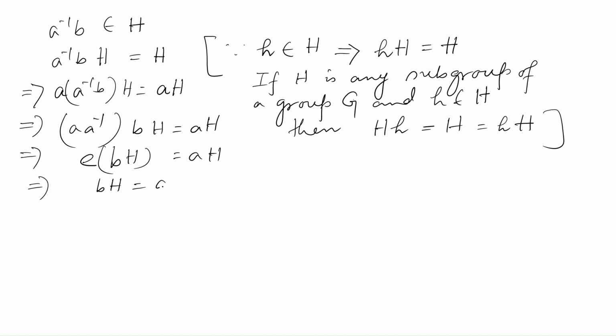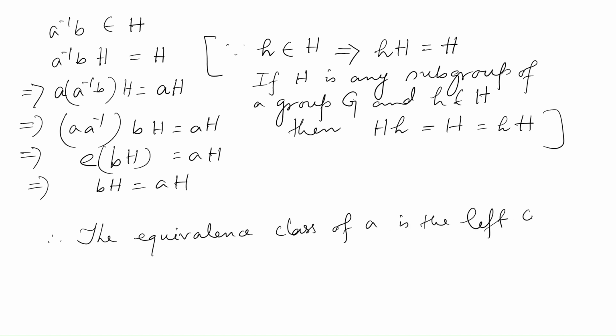So bH equals aH. Therefore, the equivalence class of a is the left coset aH.